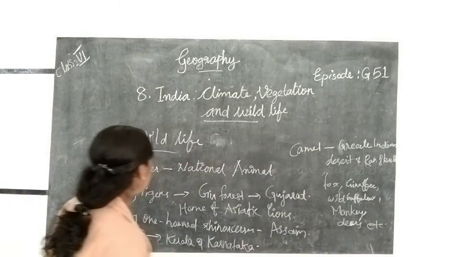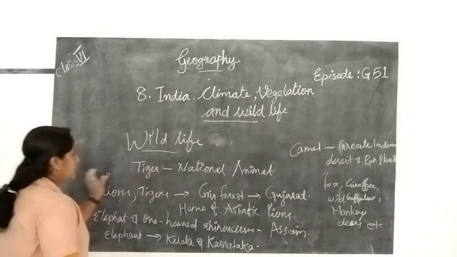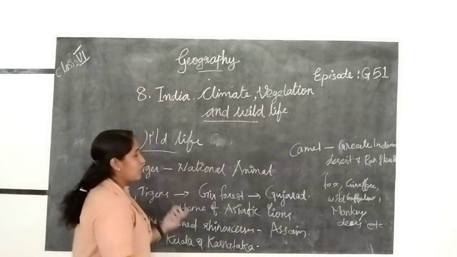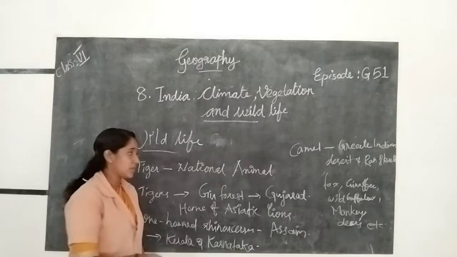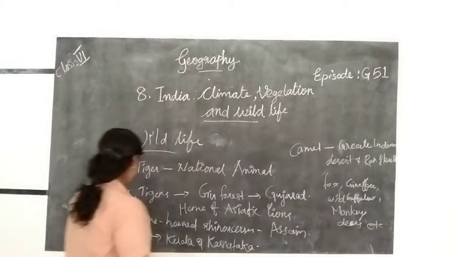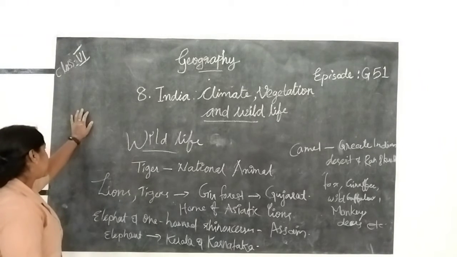So what animals did we discuss? The tiger is our national animal, and lions and tigers are found in different parts of our country. The Gir forest is situated in Gujarat and is known as the home of Asiatic lions.